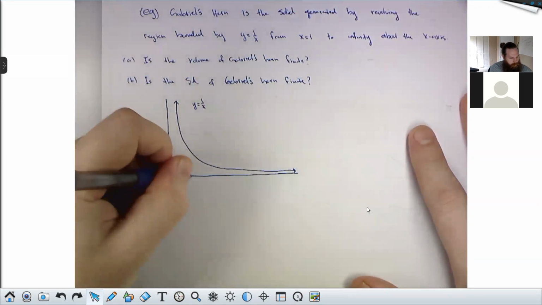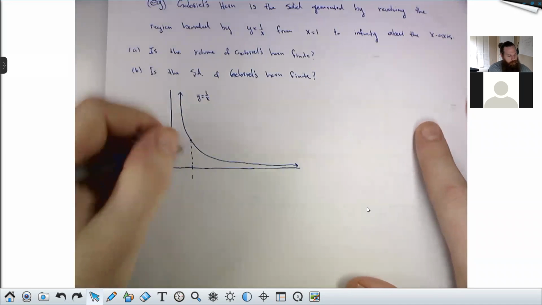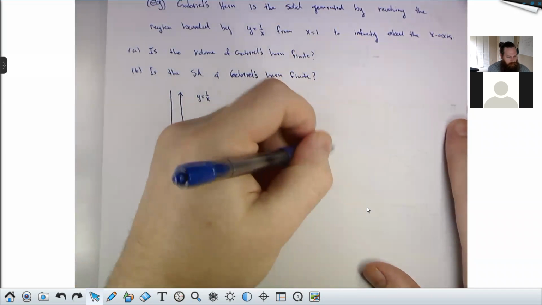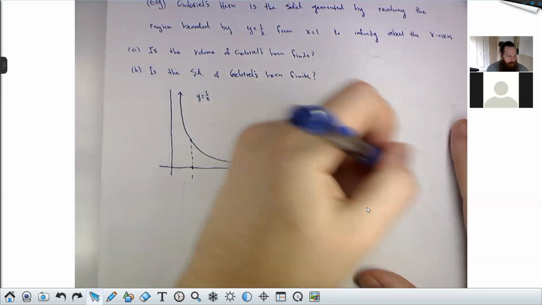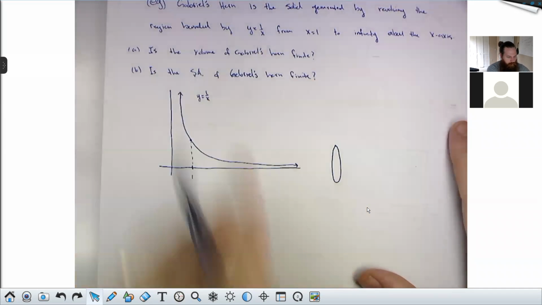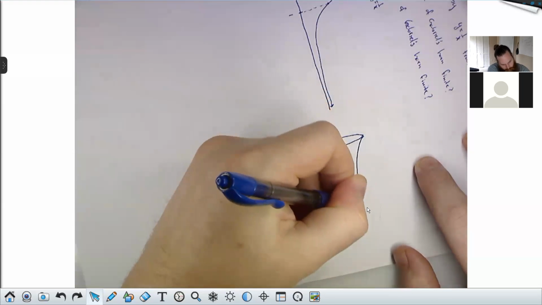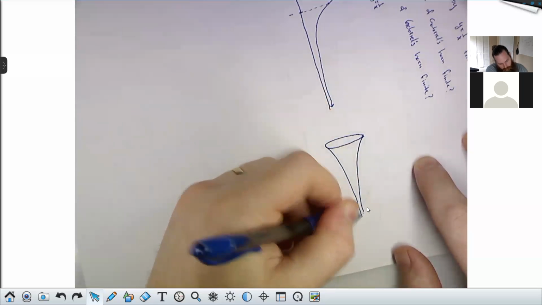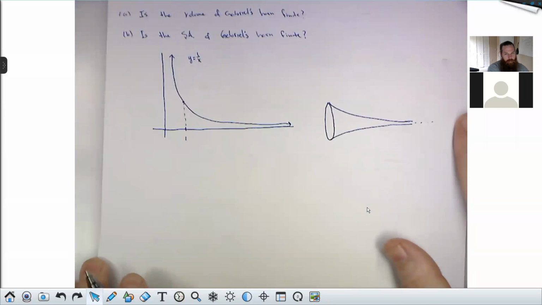And we're going to take this thing from 1 all the way out to infinity. So if you try to picture what this solid looks like, it goes on and on and on forever like that.